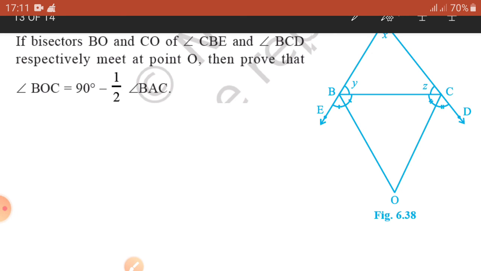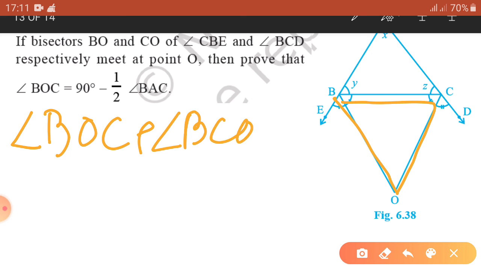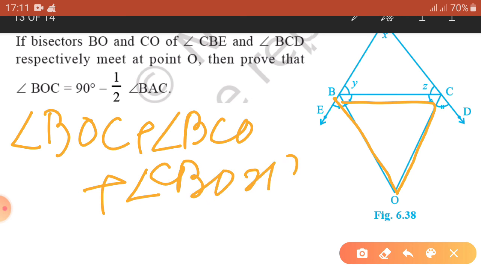Now in triangle BOC, angle BOC plus angle BCO plus angle CBO equals 180 degrees.